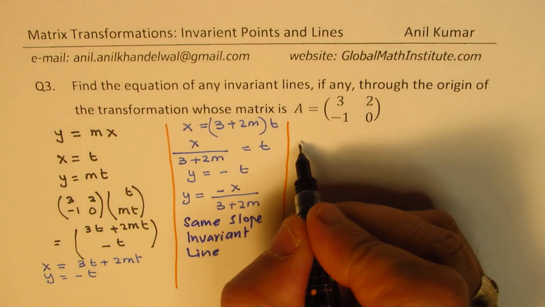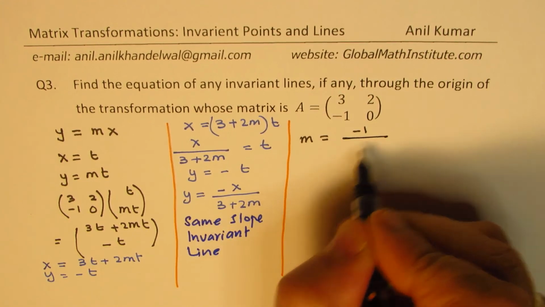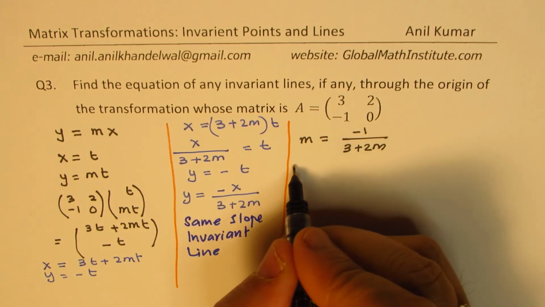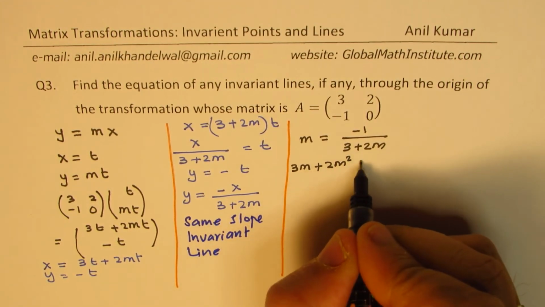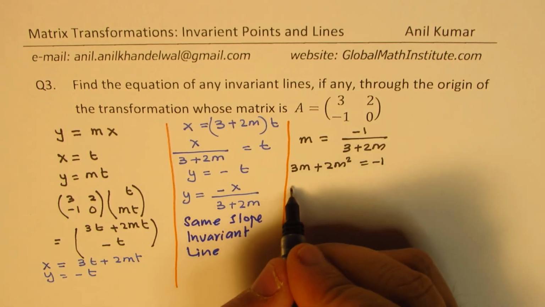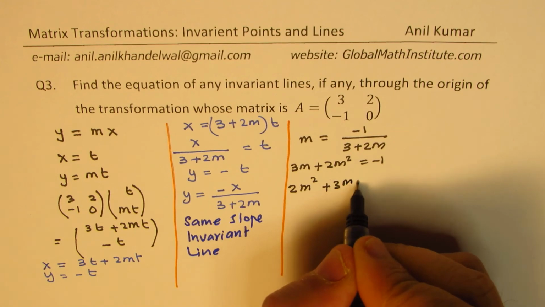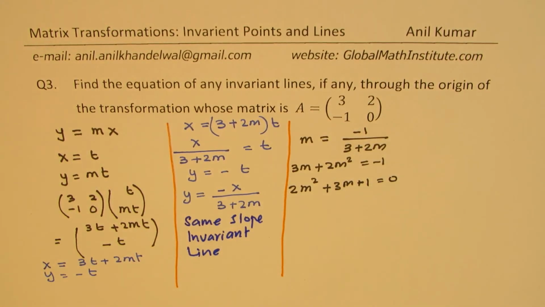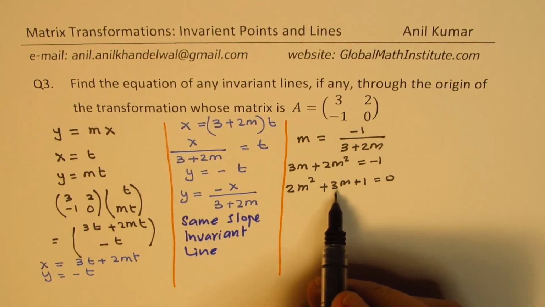So what we get here is that m equals minus 1 over 3 plus 2m. Cross multiply, so we get 3m plus 2m square equals minus m. Bring them together, we get 2m square plus 3m plus 1 equals 0. So we're looking for product of 2 and sum of 3.